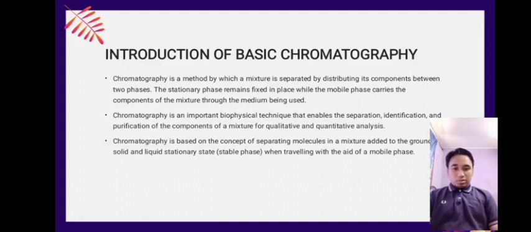Chromatography is an important biophysical technique that enables the separation, identification, and purification of the component of a mixture for qualitative and quantitative analysis. Chromatography is based on the concept of separating molecules in a mixture added to the ground or solid and liquid stationary state when traveling with the aid of a mobile phase.